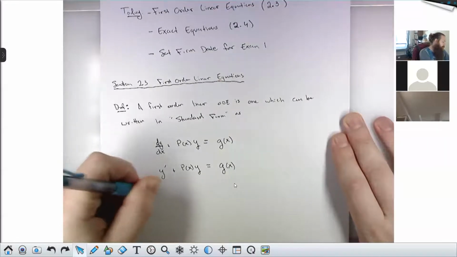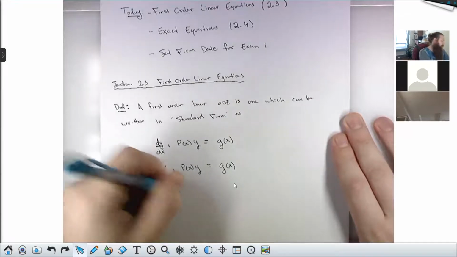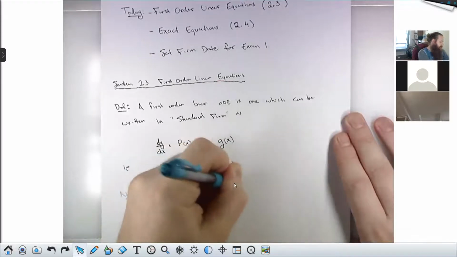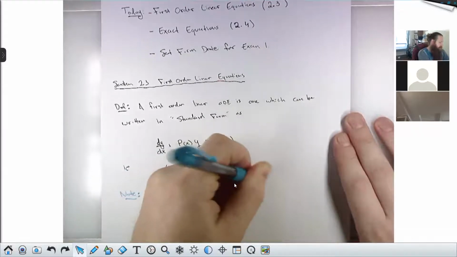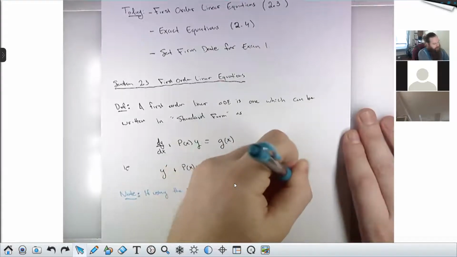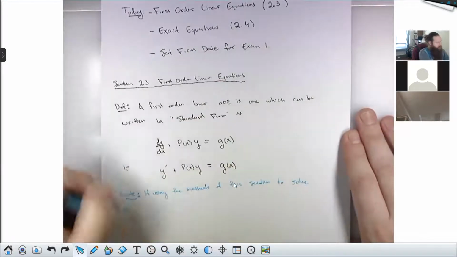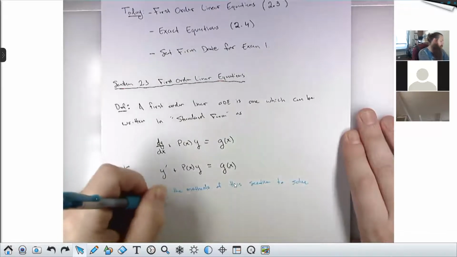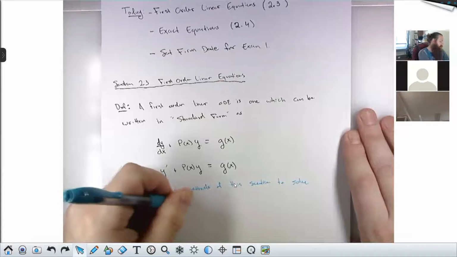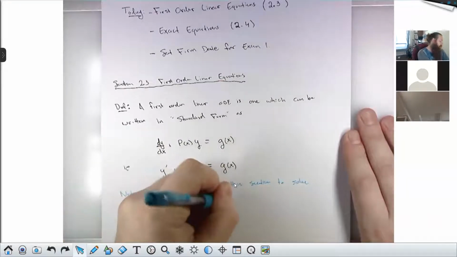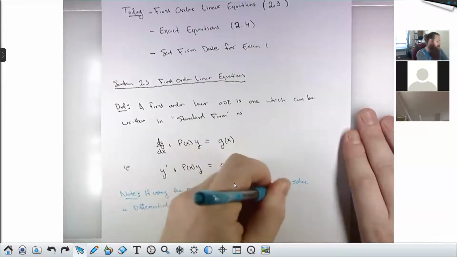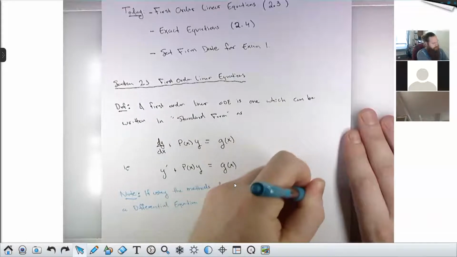If using the methods of this section to solve a differential equation, you must first put it in standard form.